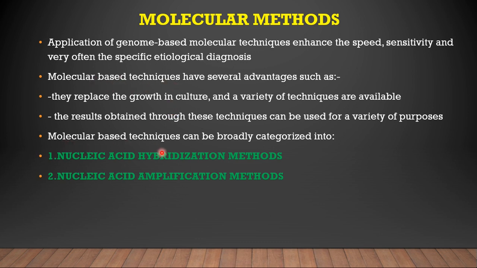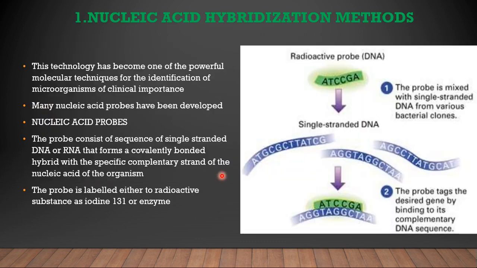Then coming to the types of molecular-based techniques, we have two types. One is the nucleic acid hybridization method, the second one is the nucleic acid amplification method. So let's move on to the first one, the nucleic acid hybridization method. Nucleic acid hybridization chemistry has ultimately paved the way for the development of probe technology.